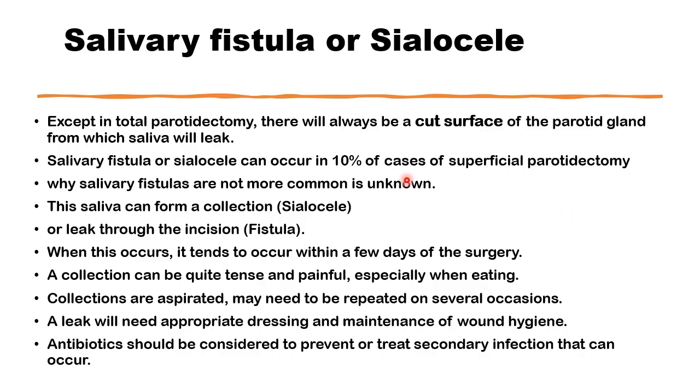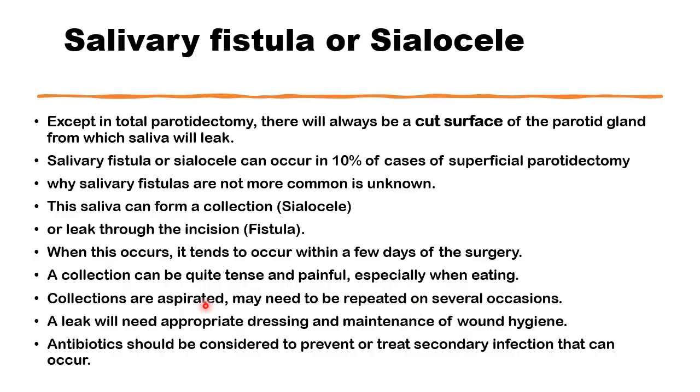The saliva can form a collection, the sialocele, or a leak from the incision like a fistula, and this usually takes a few days from the date of the surgery, not immediately, before they have a sizable collection to be detected clinically. The collection can be aspirated aseptically, and then the diagnosis can be made.